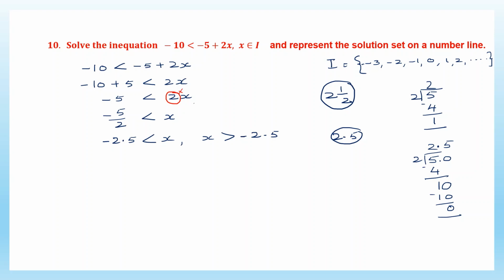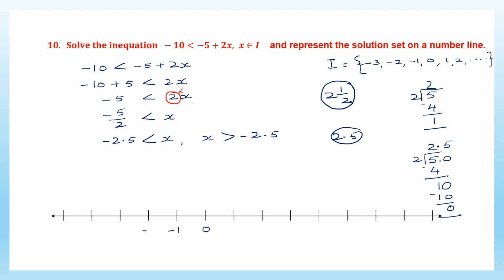So let's draw our number line. So we have our number line here, and let's put down our numbers. So if I put my numbers here, let me put 0 here. So I have minus 1, minus 2, minus 3, minus 4, minus 5. And here I have 1 to all the positive numbers, 3, 4, 5, 6, 7, 8.